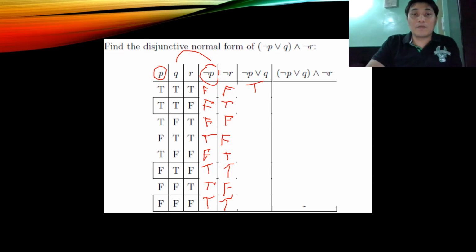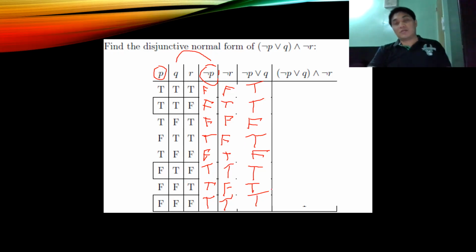So F and T is true, and true and true is true, false and false is false, and true and true is true. True and false is true.